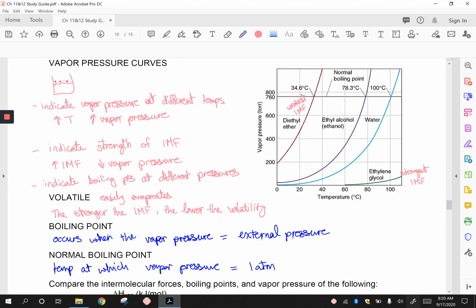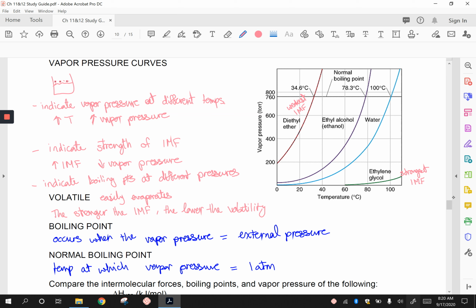And so let's look at diethyl ether, for example. So you can see that these are all boiling points on here because these are all vapor pressures and temperatures, right?